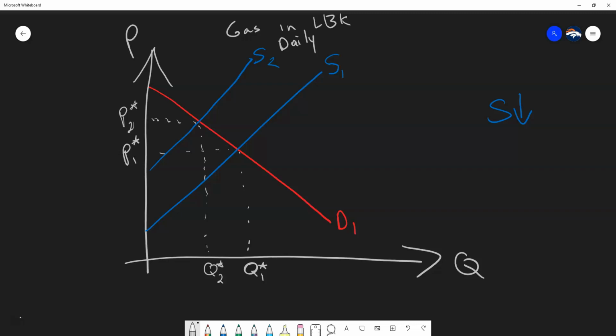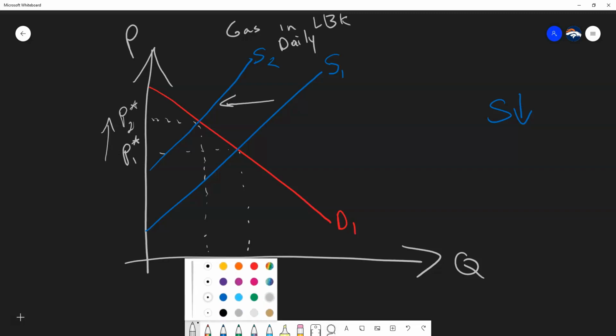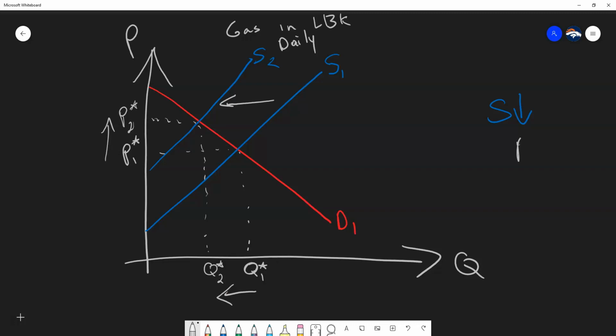No, what actually happened in this particular instance is your supply decreased, which led to a decrease in quantity supplied, but an increase in the price. Hopefully that makes a little bit of sense. Essentially what you're doing is supply decreases, your price in turn goes up, and your quantity goes down.